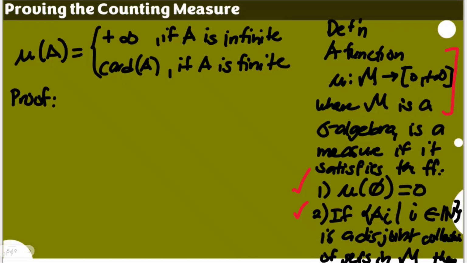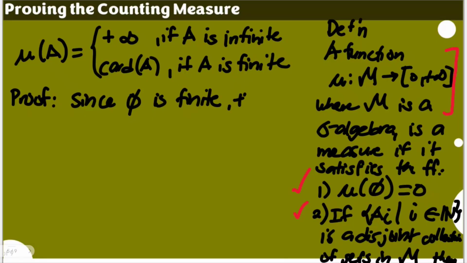We need to show that the mu of the empty set is 0. Now, looking into this, which of these two would satisfy the empty set? Take note that since the empty set is finite, we are going to use its cardinality. Let's find out if the cardinality is 0.